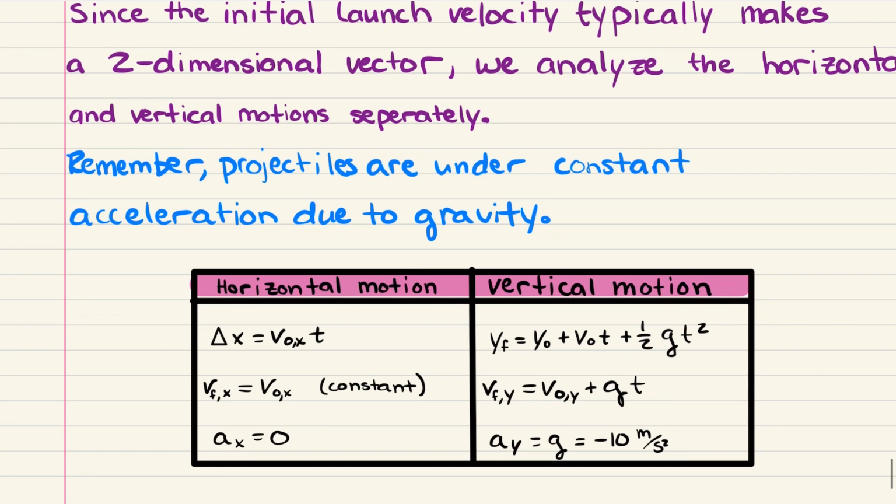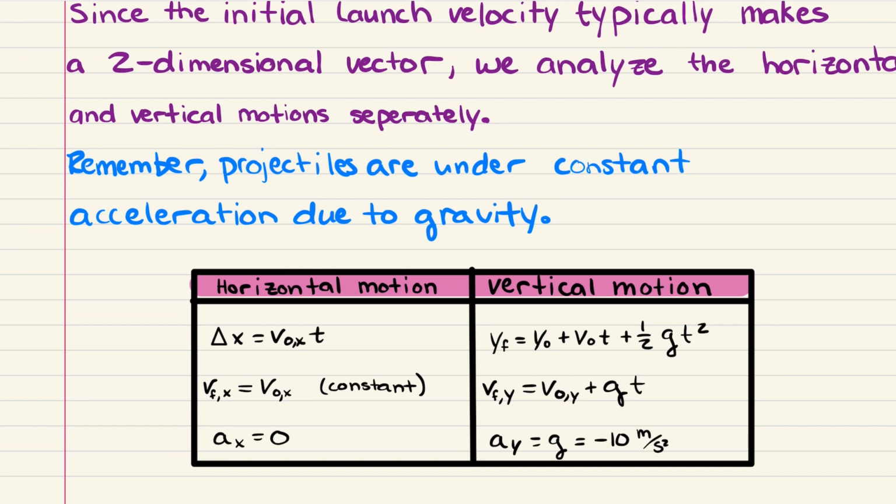One thing to keep in mind is that the horizontal component of the final velocity is always constant, because we're assuming we're not taking into account any external forces other than gravity. So we're generally neglecting air resistance and any other forces acting on the object.